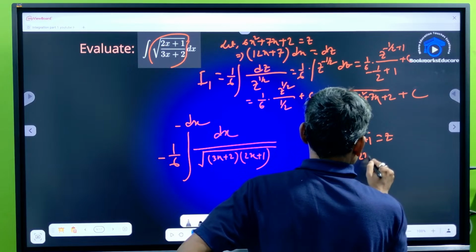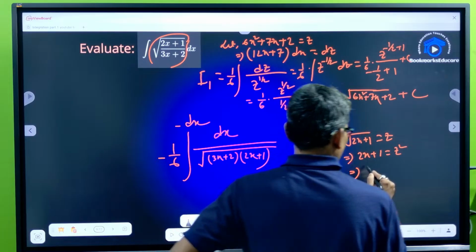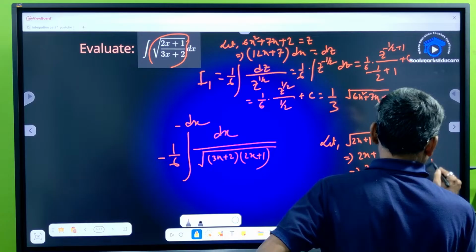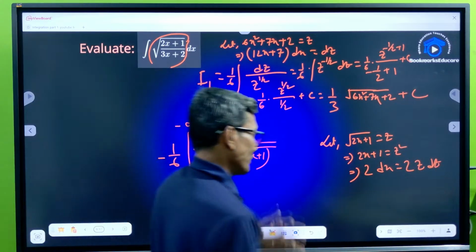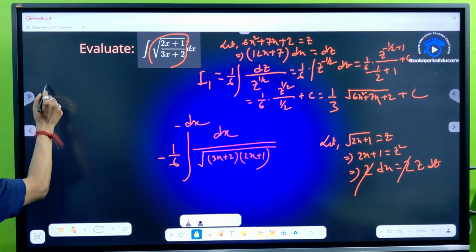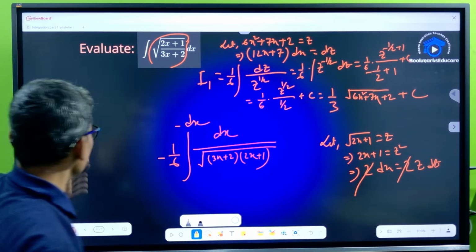So 2x plus 1 is equal to z square. 2 dx is equal to 2z dz. 2 will be eliminated. So I2 is equal to, this portion is denoted by I2.